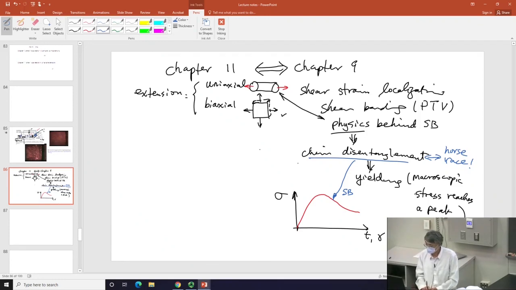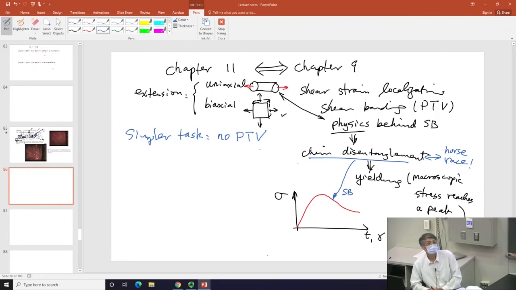So in extension, that we're going to focus on from now on, chapter 11, you can see it's a simpler task in the first place, technically. It's a simpler task because you don't need to build particle tracking velocimetry per se. It's in front of your eyes if you manage to do that.